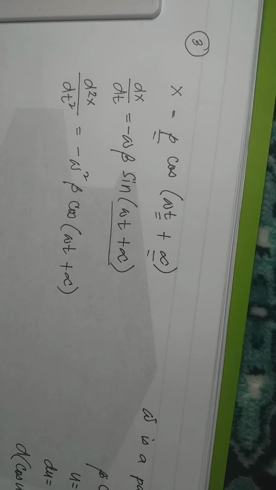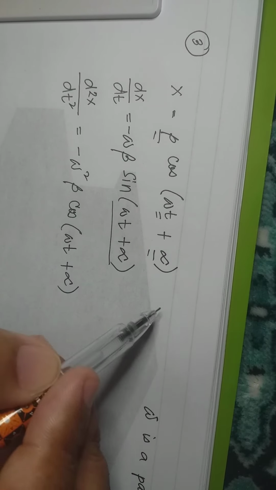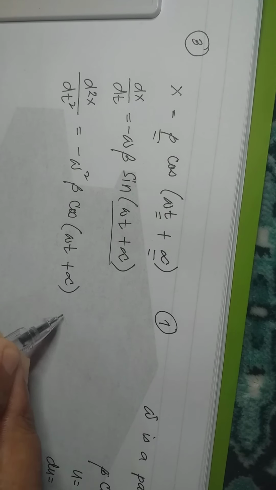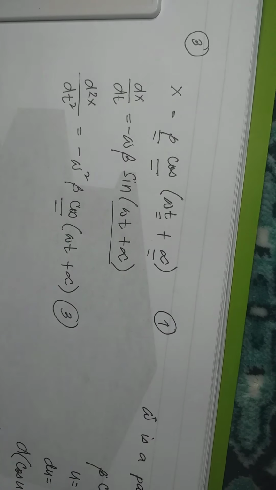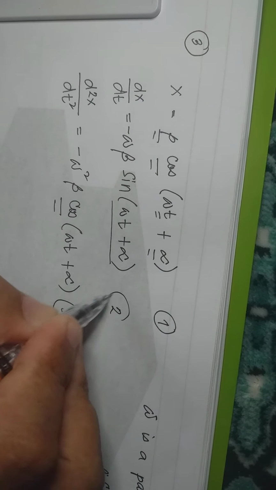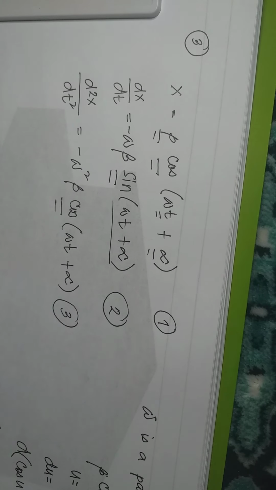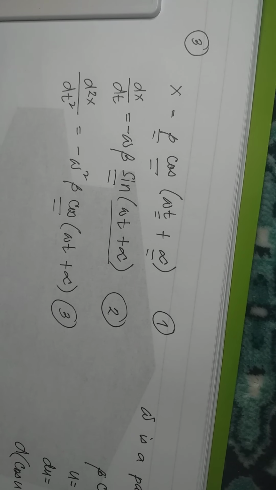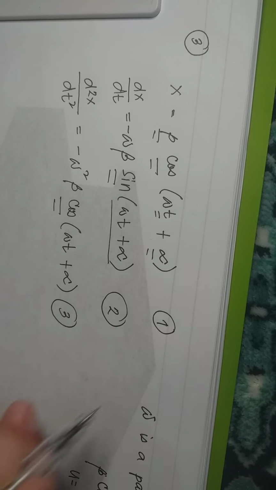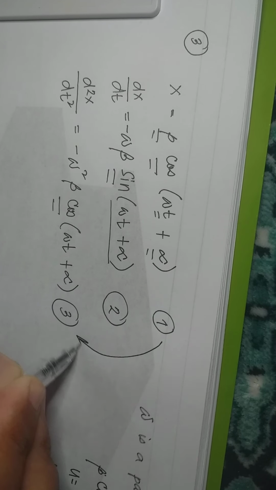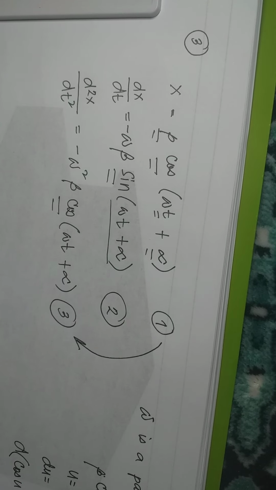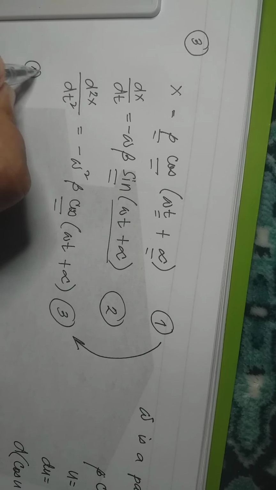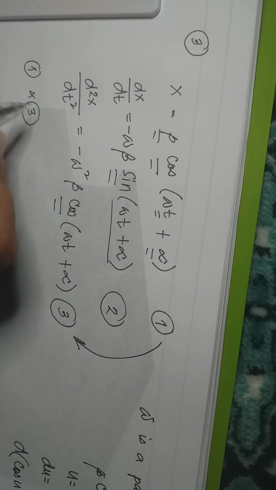But take note, equation 1 and 3 both have cosine function in it, whereas equation 2 has sine in it. So it is proper for us to combine 1 and 3 and instantly find the solution to the equation. So let's combine 1 and 3.